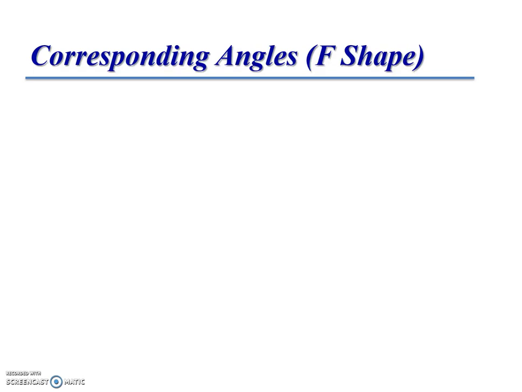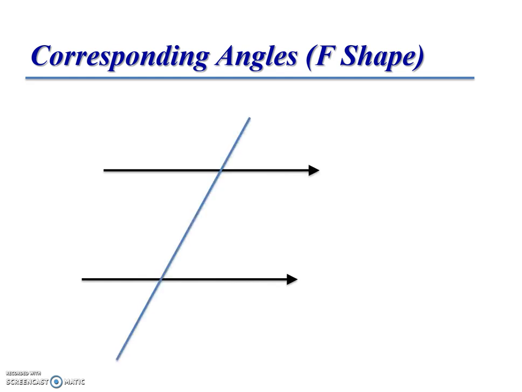Corresponding angles, which is also known as the F shape. So what we do, students, is that you have to draw a pair of parallel lines again, and also a transversal line one more time. So where can you find the F shape? Here you go.